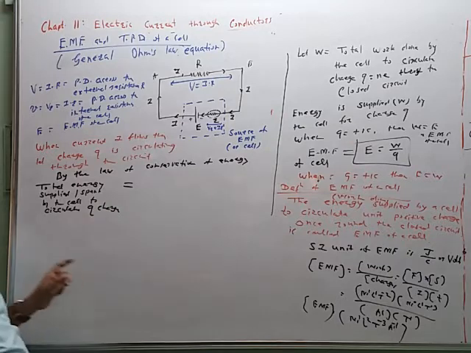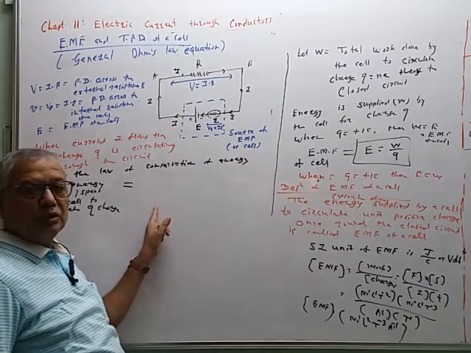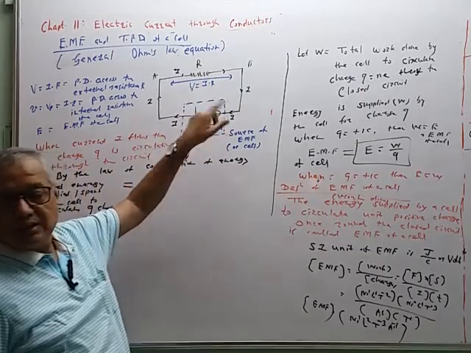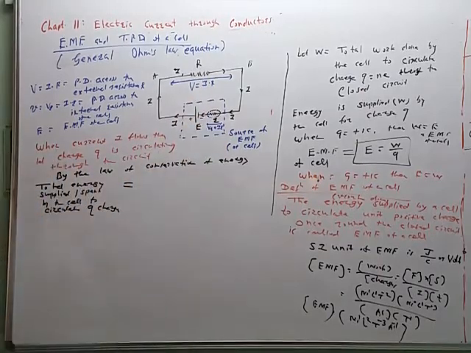This one energy is supplied. Now this energy is used in overcoming the two resistances. One is the external resistance and the other is the internal resistance.